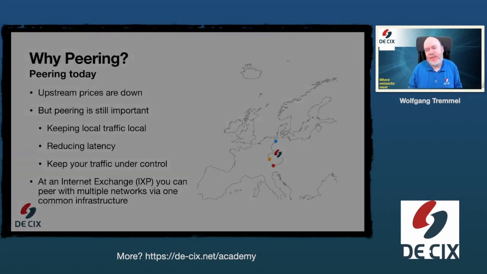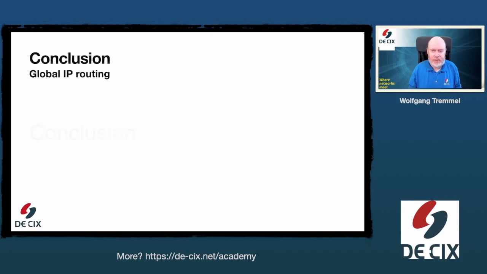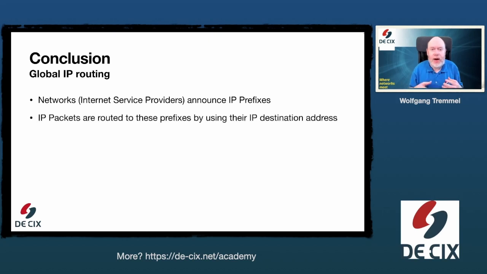Good. Conclusion. What did we learn about global IP routing? First, about prefixes. Networks, internet providers, they announce IP prefixes. And with this announcement, other providers know where to send traffic. IP packets are routed to these prefixes using their destination IP address.